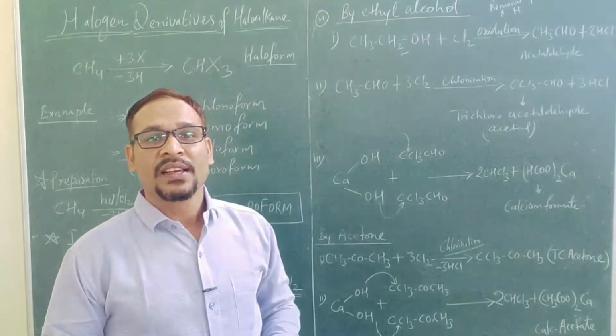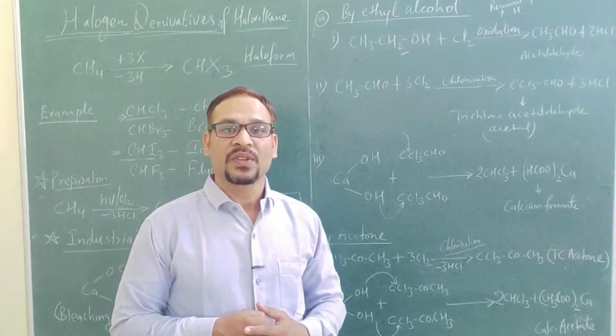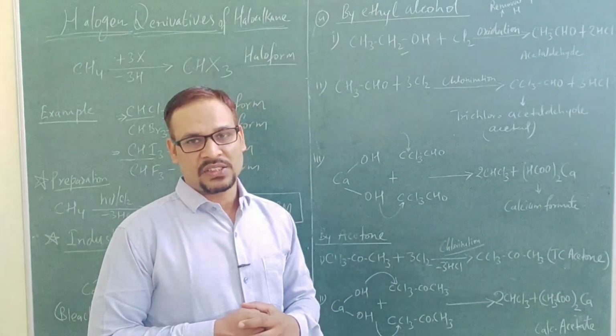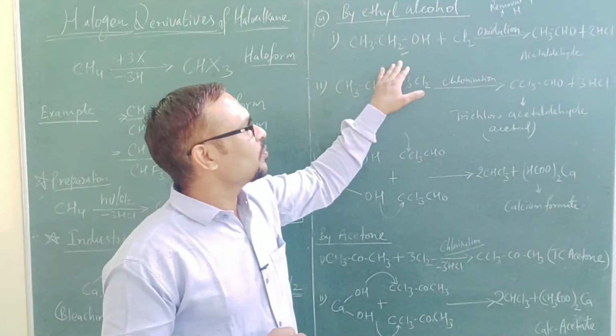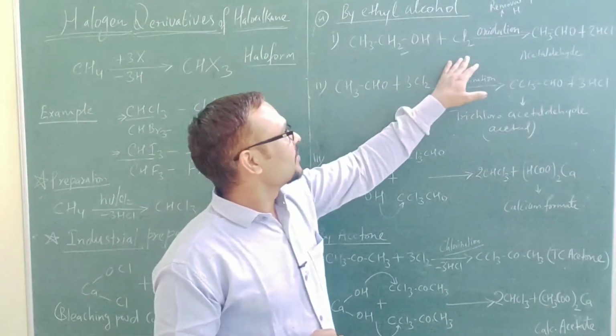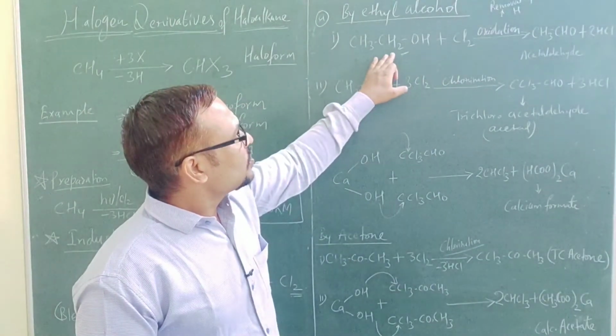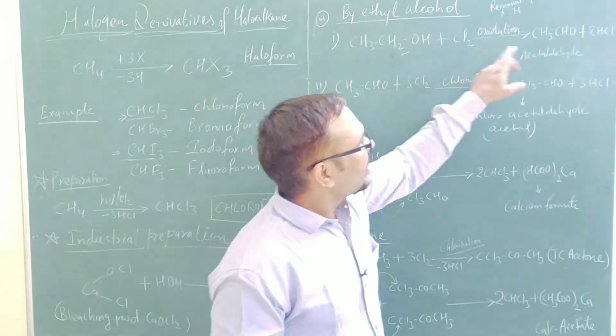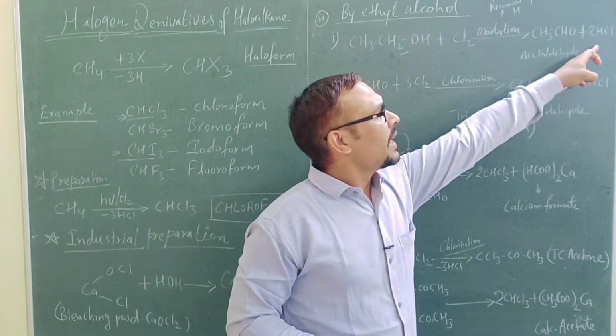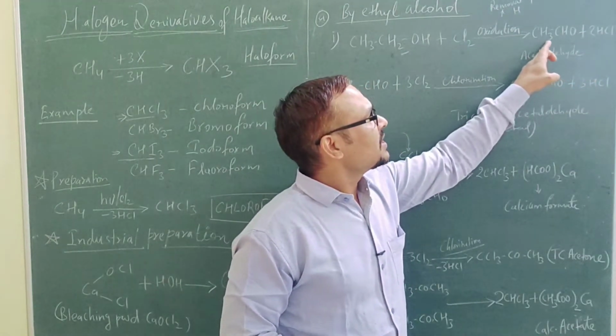Oxidation means removal of hydrogen or addition of oxygen. So here removal of hydrogen is taking place by chlorine. These two hydrogens are replaced by chlorine, forming 2 molecules of HCl along with CH3CHO.